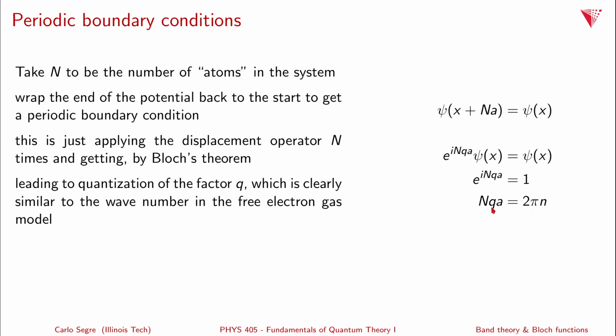And so that means that q is quantized. So this q is sort of like the wave number in the free electron gas model. q is equal to 2 pi n over capital N times a, where n is 0, plus or minus 1, plus or minus 2, all the way to infinity.